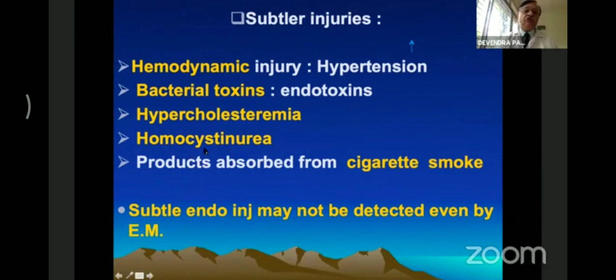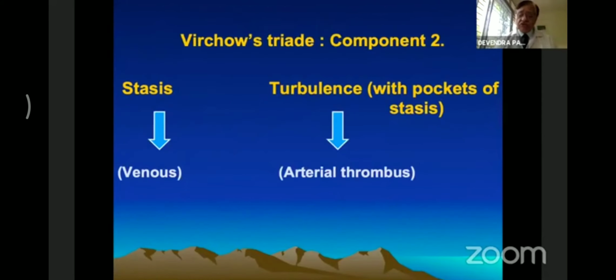That is also known to be a causative or indicative factor for ischemic heart disease and atherosclerosis. The products of smoking, all these chemical and mechanical injuries are ultimately going to cause subtle injury to the endothelium, which is going to initiate the process of thrombus formation.